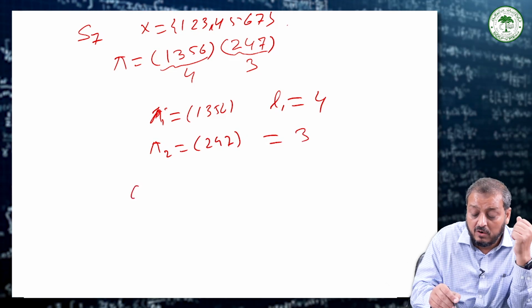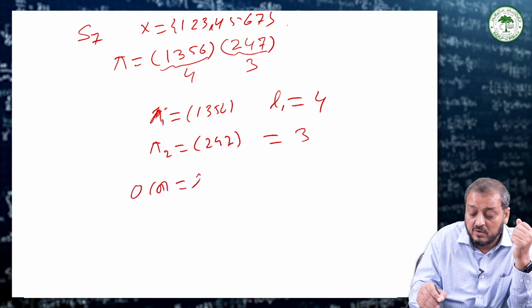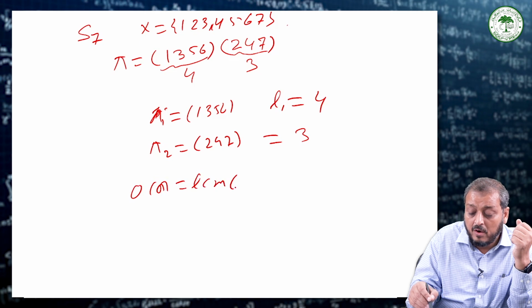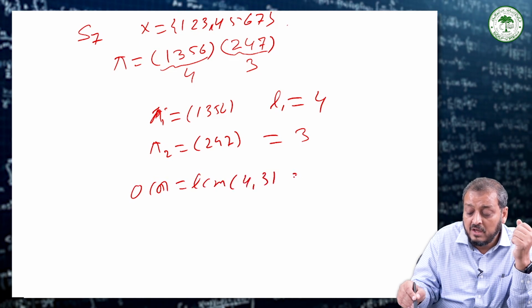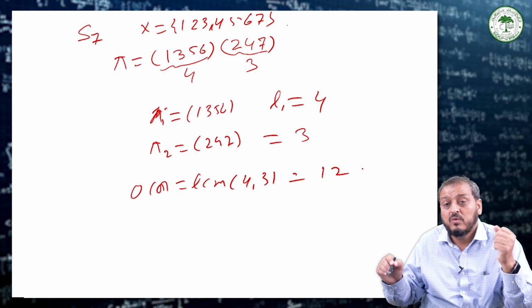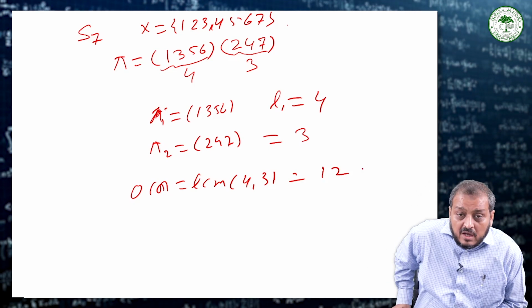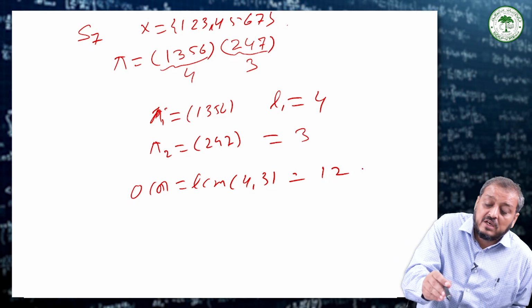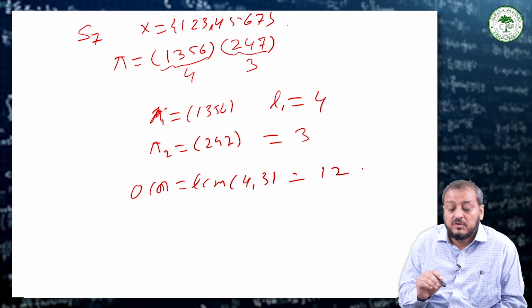Now, the order of pi is the LCM of 4 and 3, that is equal to 12.